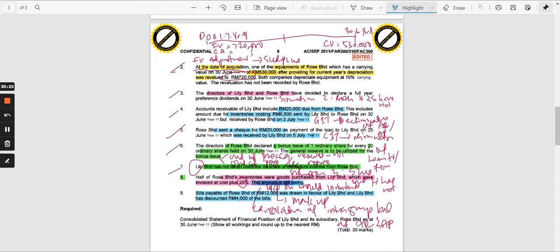So if you look, the amount of the bill is 12. So we are not going to eliminate that. What we are going to eliminate is the undiscounted bill. So for this one, you need to find out what is the undiscounted bill payable and bill receivable, and you need to eliminate that.